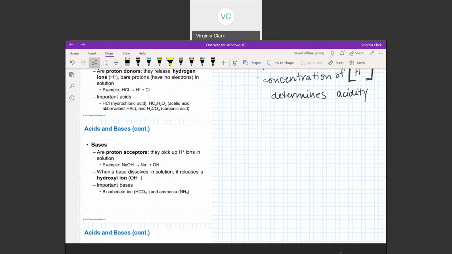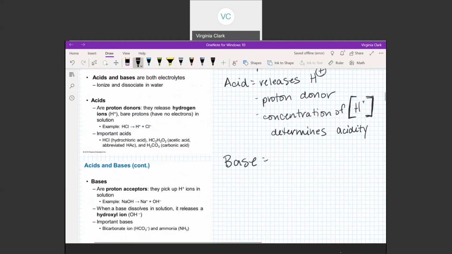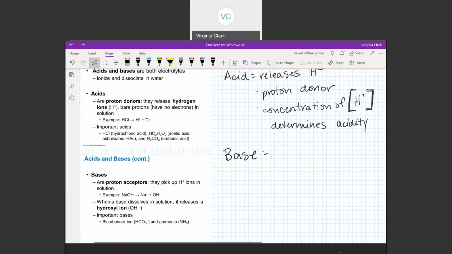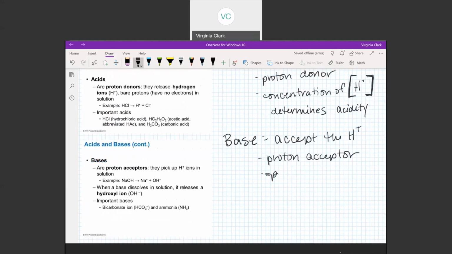That is different than a base. So a base is not going to release the hydrogen, it will accept the hydrogen. So that means that this is going to be a proton acceptor. And when this is happening, it is going to be the opposite concentration of hydrogen.